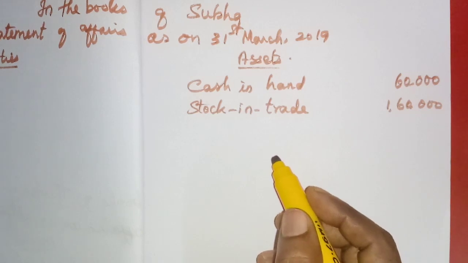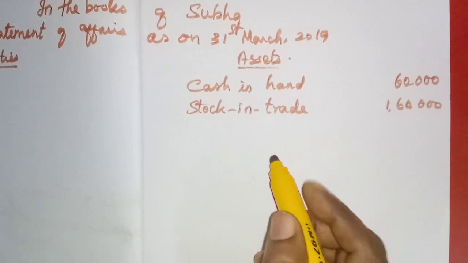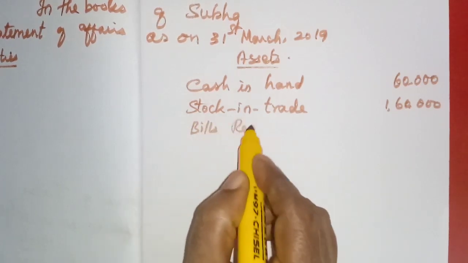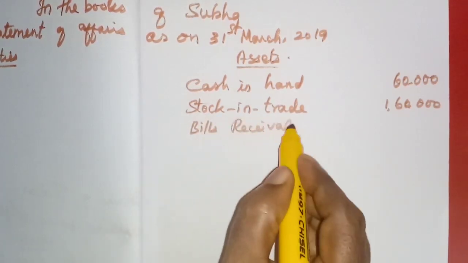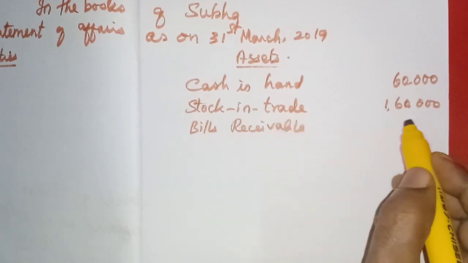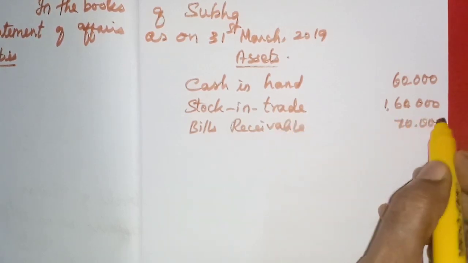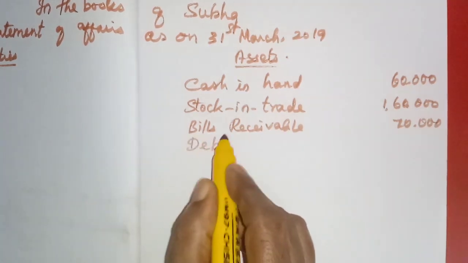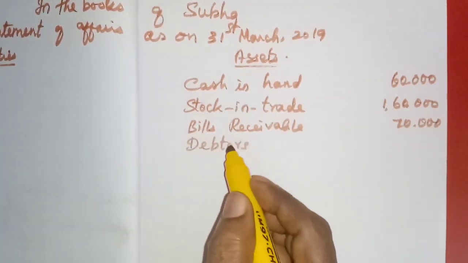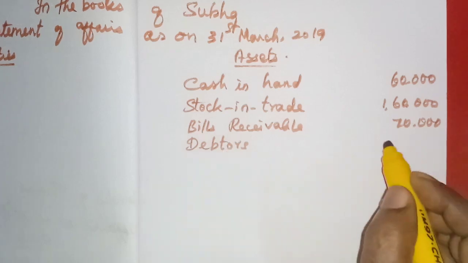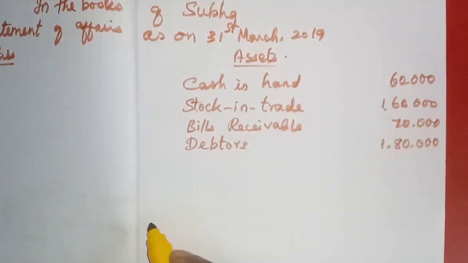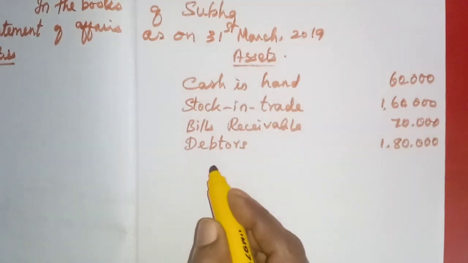Then bills receivable. Bills receivable 70,000. Then debtors. All current assets we have to write first. Debtors, 1,80,000.